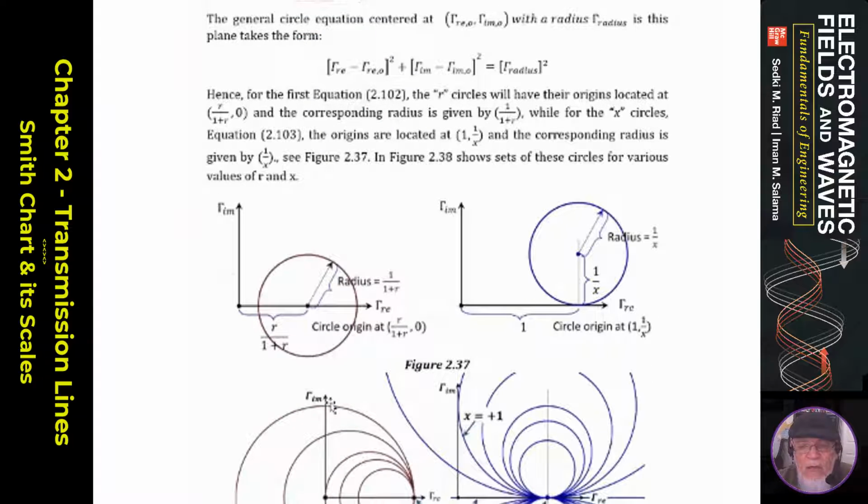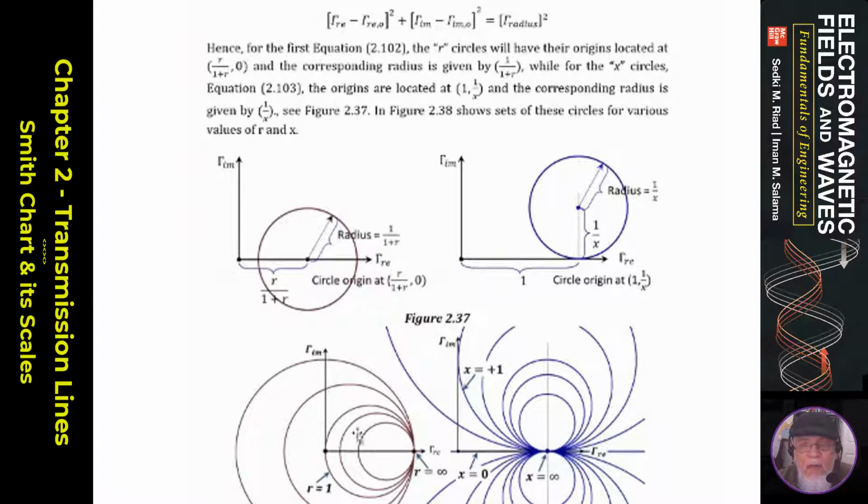Here is an example of different r values and the corresponding circles. For example, if r is equal to 1, that's 1 divided by 1 plus 1, that's 1/2, and the radius is again 1/2.